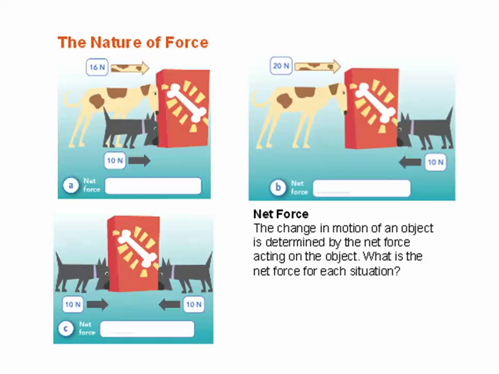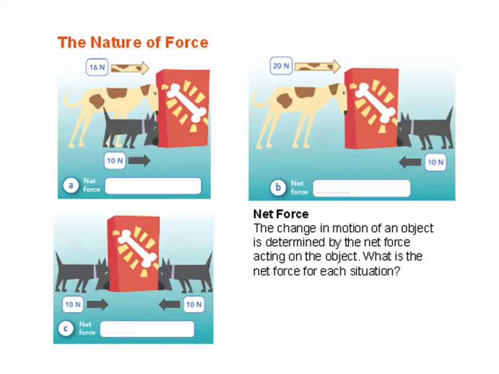So here are just some examples. In this top example, you can see we've got two dogs and they're pushing this box of treats in the same direction. This big dog is pushing with 16 newtons of force and the bottom dog is pushing with 10 newtons of force. All we do to get our net force is add those forces together.